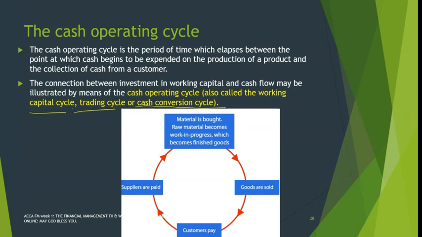Customers pay for those goods, and we have to pay our suppliers, and the cycle begins again and again. The question that comes is, how long does it take from the point we start buying those materials up to the point when we pay the suppliers, up to the point when we get our money back? That's the idea.